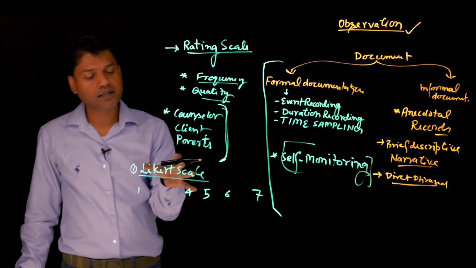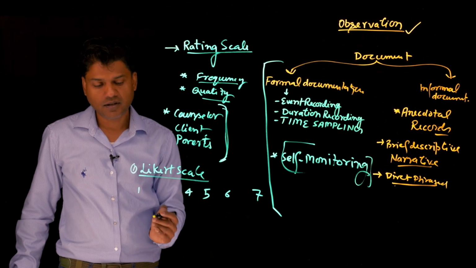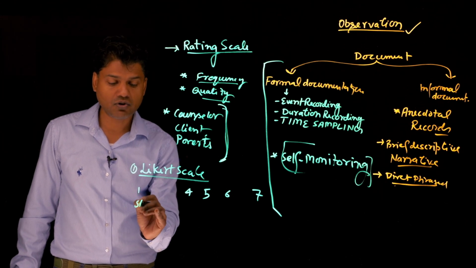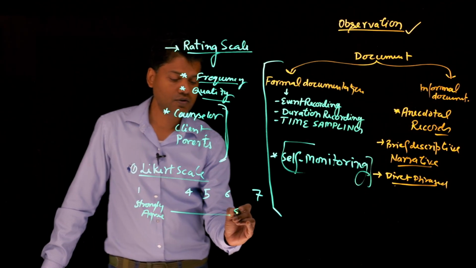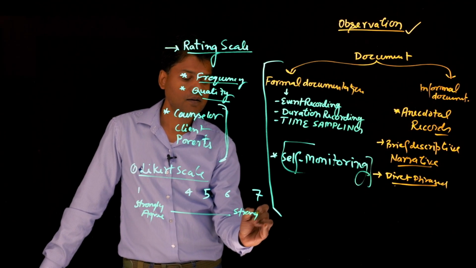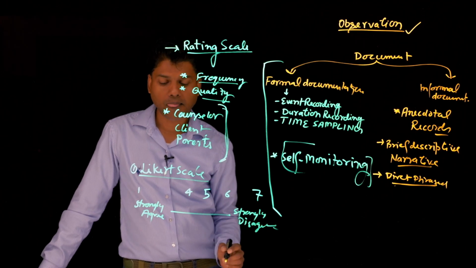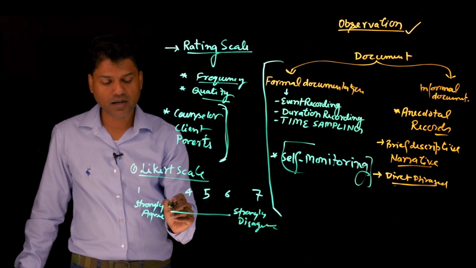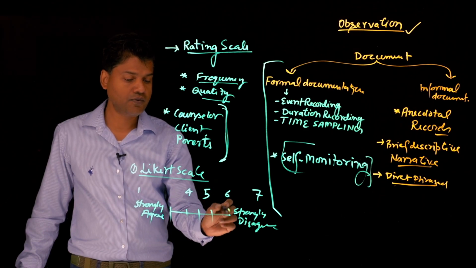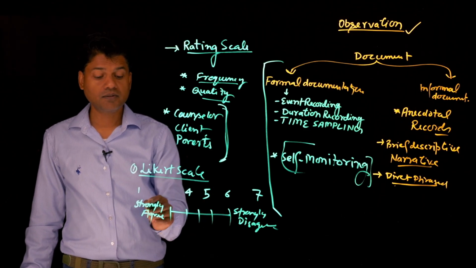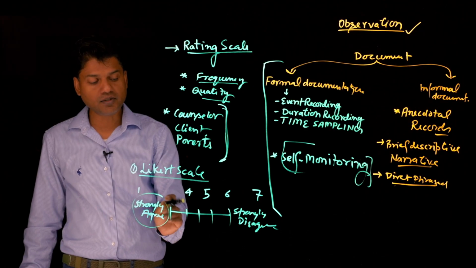And these Likert scales start from the common responses like strongly agree to strongly disagree. If you have, let's say, a 5-point Likert scale, so 1, 2, 3, 4, 5, the responses are not numbers like this.